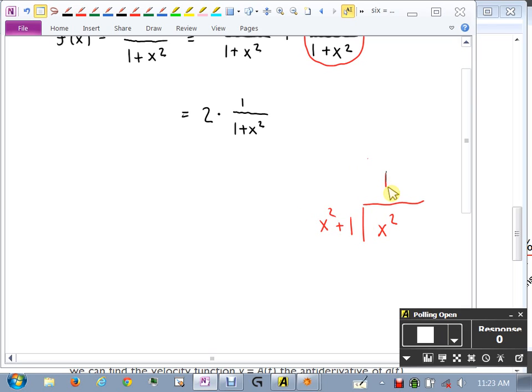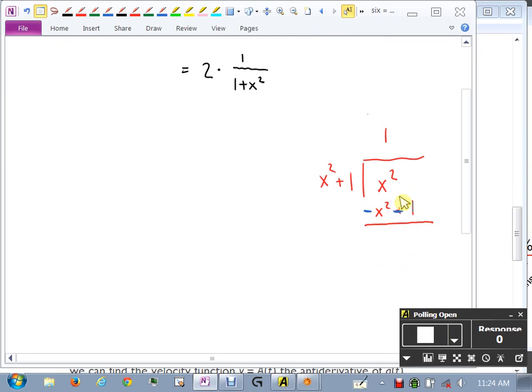Then I multiply 1 times this, and I get x squared plus 1. Then I subtract this line. This is old school long division here. When I do that, what am I left with? Negative 1. X squared plus 1 does not go into negative 1, so this is my remainder.